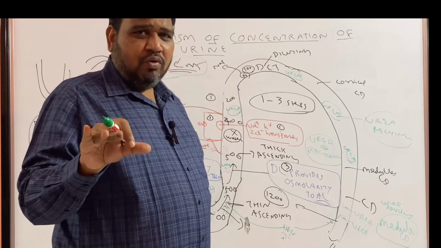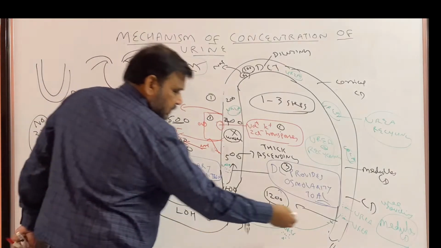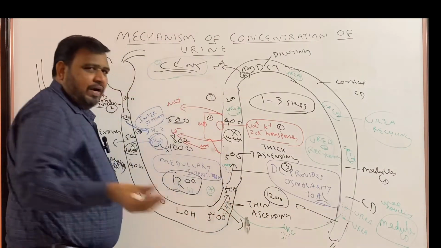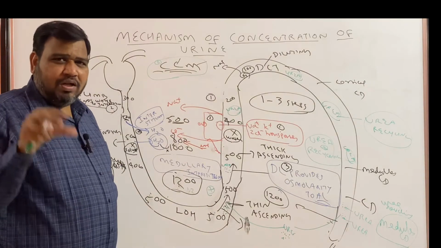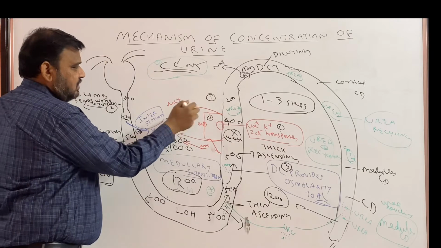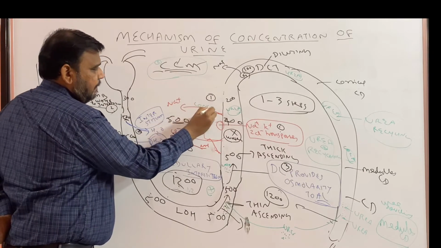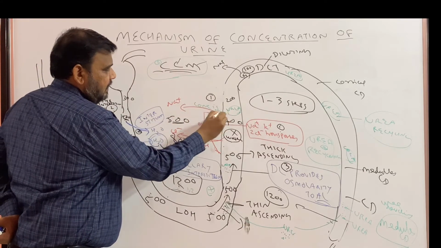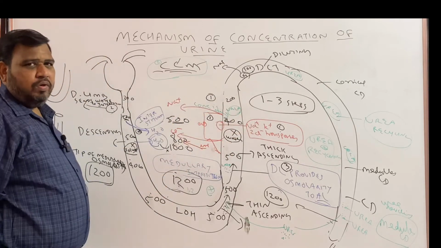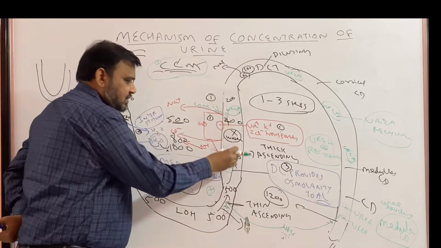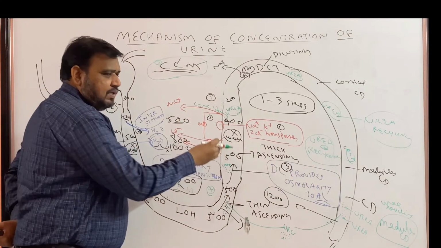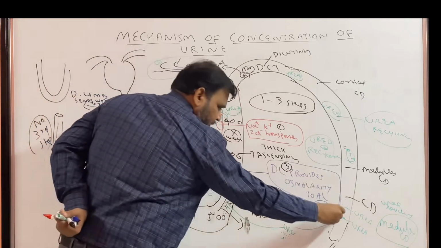But the importance of urea is that because of this urea recycling, the urea is also added to the concentration of solute, and only if the concentration of solute is more, the sodium and chloride, listen here, for this concentration is needed here. So only if it is 600, more sodium and chloride is going to be reabsorbed. Only if it is 700, more sodium and chloride is to be reabsorbed. For this to become 600, 700, 800, I require urea recycling.